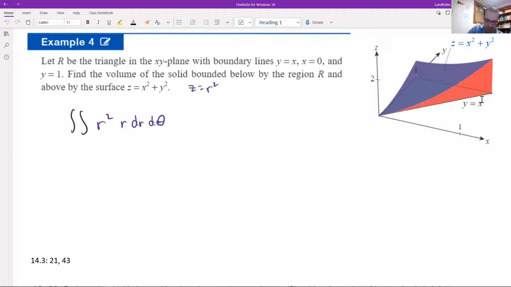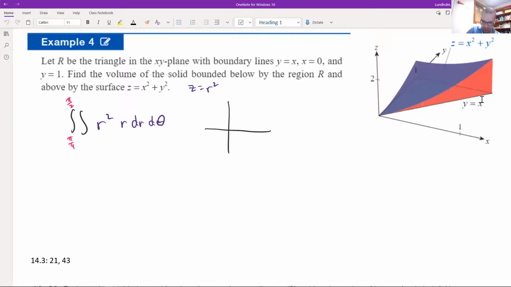You might be able to tell that the angles right now are going to be from, let's use pink, pi over 4 for that line y equals x, and then pi halves for the y-axis. So that's something that we might be able to tell. But in order to really get a handle on the radius, it would be good for us to make a sketch.